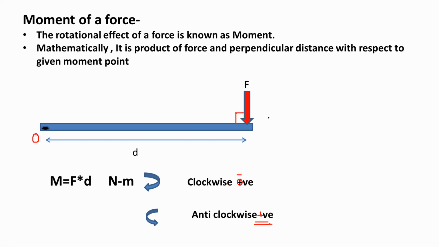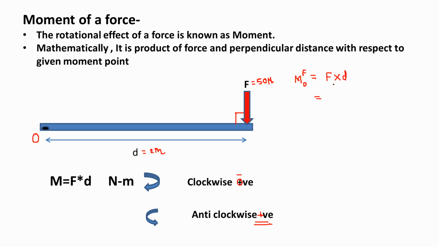In this case, when you write the equation, just take one example: suppose this force value is equal to 50 Newton, and this distance d is given as 2 meter with respect to point O. So the moment of the force F about the point O is given by the equation force into its perpendicular distance d.